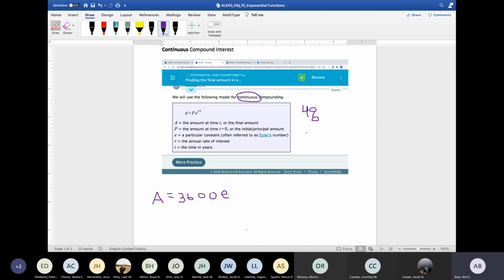This percent sign, we can take it off and move the decimal point 2 places to the left, or we can just take the 4 and divide it by 100, which is what I prefer to do. If I do that on my calculator, 4 divided by 100, I get 0.04.